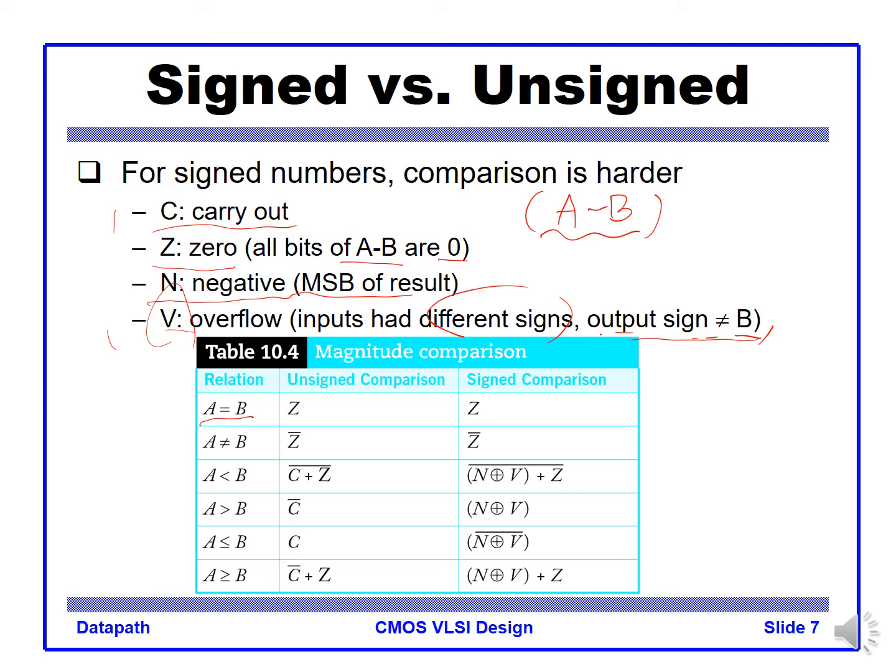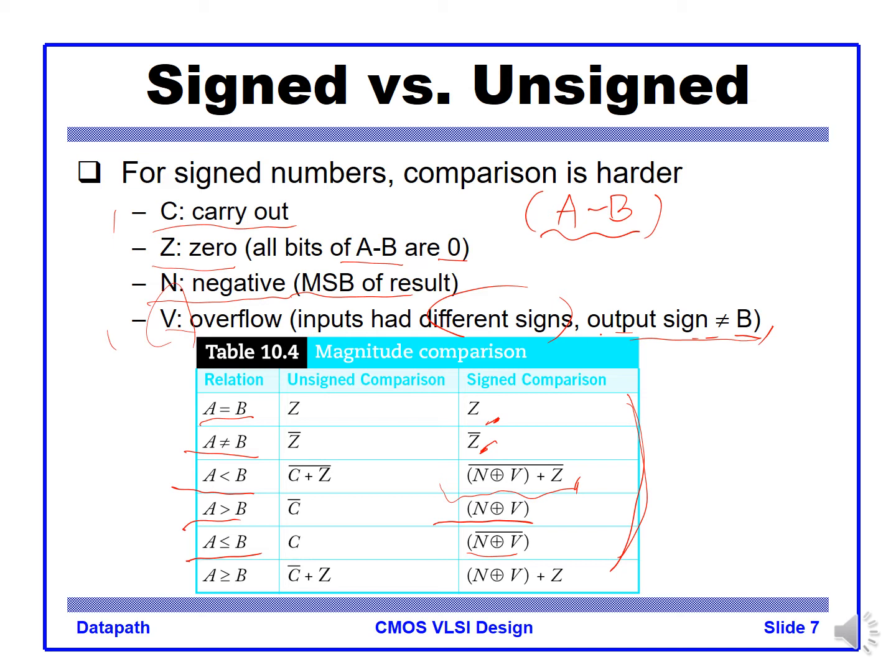For the signed condition, check the zero. If A is not equal, then check the Z bar, and A less than B is a combination of the whole complicated logic, and A greater than B, then N exclusive or V, and A less than or equal to B, then N exclusive or V, and Z inversion. All these cases are summarized in this table.